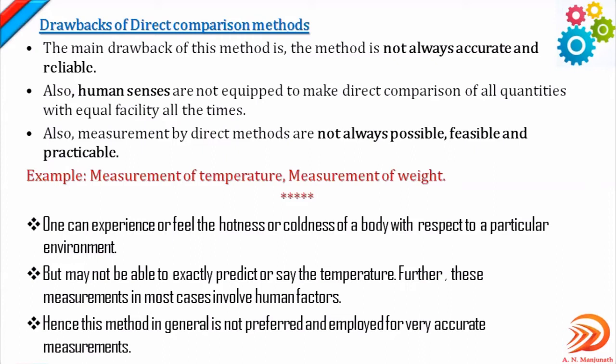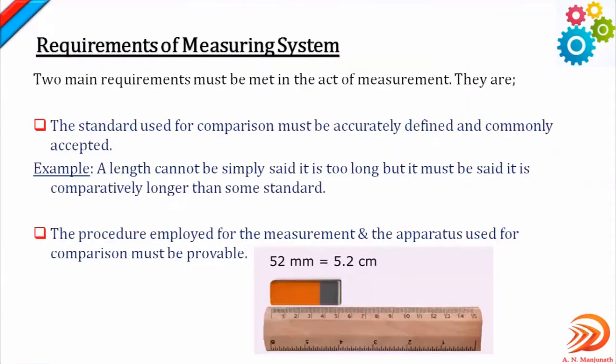You can't rely on the result that comes from the direct comparison method. Suppose you take this example here, some person may say it is 51 millimeter, some may say 52, some may say 53. It is not accurate. It is not reliable.